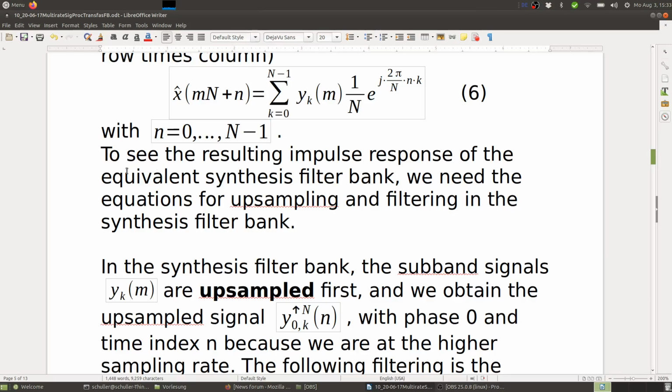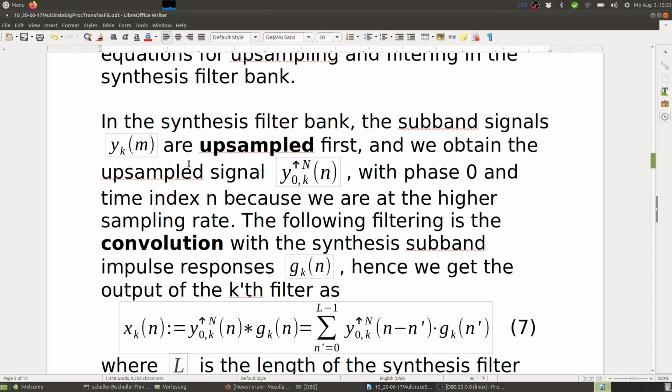To see the resulting impulse response of the equivalent synthesis filter bank, we need the equations for upsampling and filtering in the synthesis filter bank. The upsampling is now the complication. In the synthesis filter bank, the subband signals y_k of m are upsampled first, and we obtain the upsampled signal, which we write as y upsampled by capital N, phase 0, index k of lowercase n at the higher sampling rate.